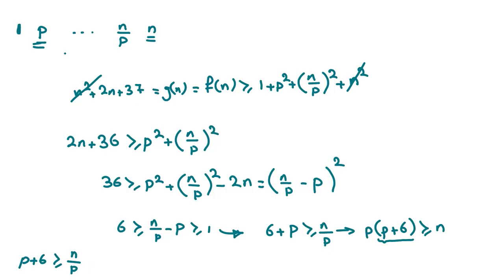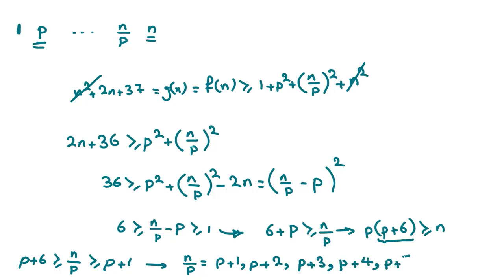And we know n over p is greater than p, so it is at least p plus 1. So we conclude n over p can be what numbers? p plus 1, or p plus 2, or p plus 3, or p plus 4, or p plus 5, or p plus 6. Okay, we have these 6 cases.